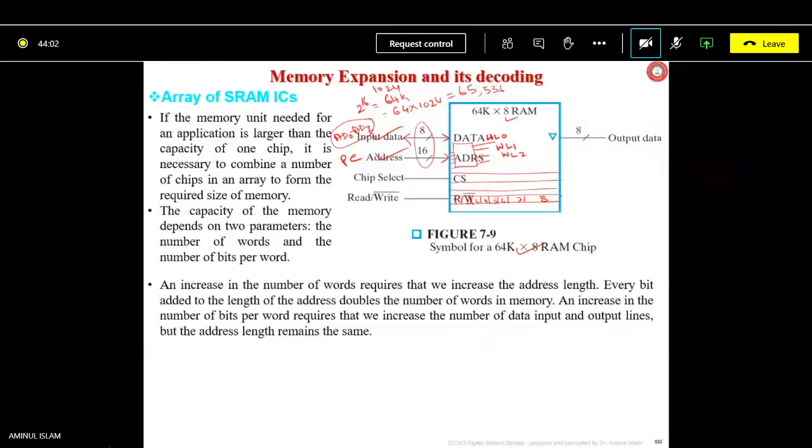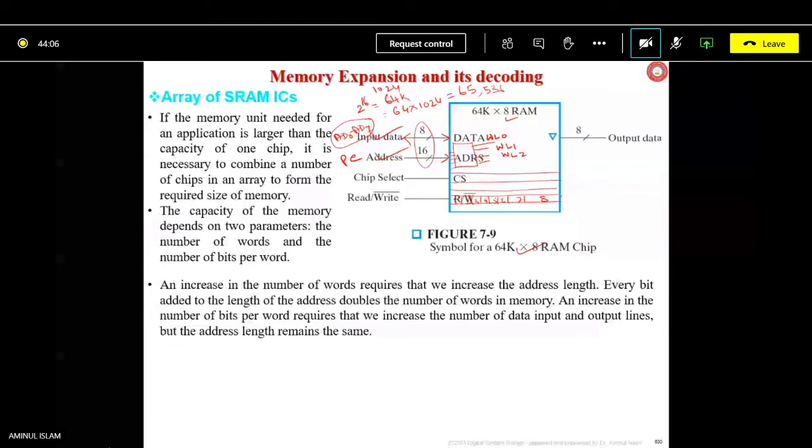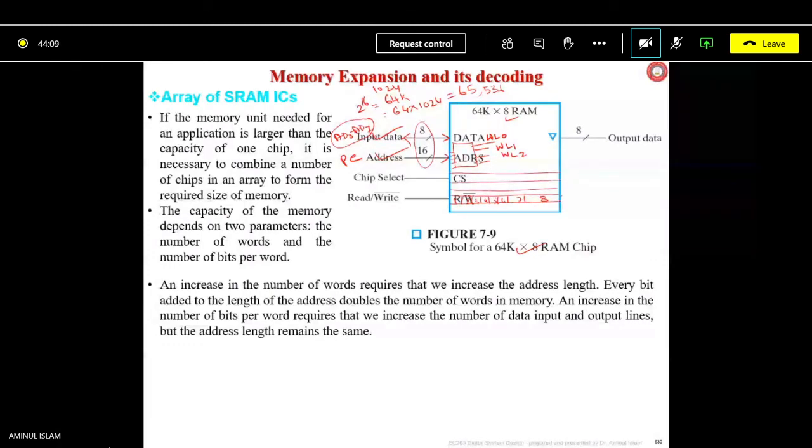So you have the input to the decoder. Two input lines are there in the decoder. How many will be here?